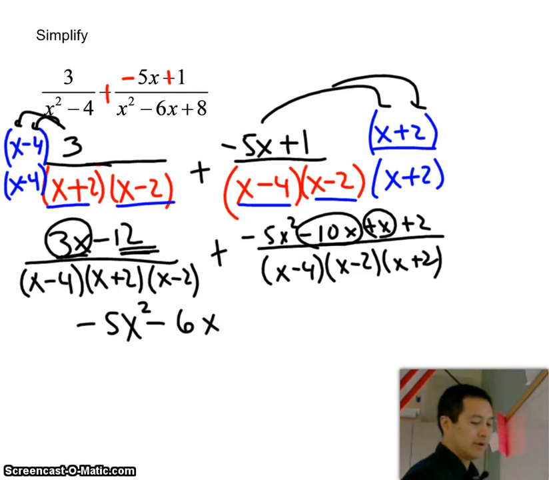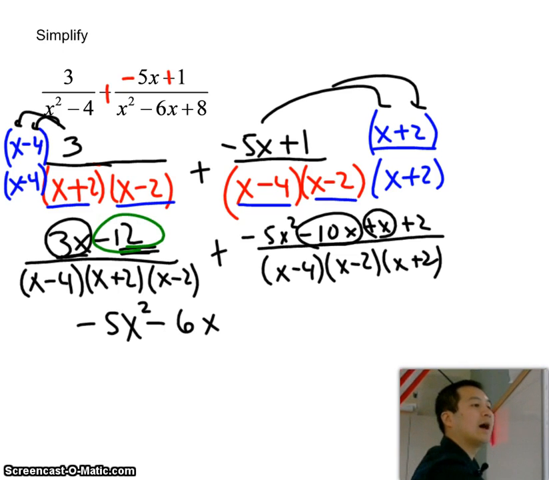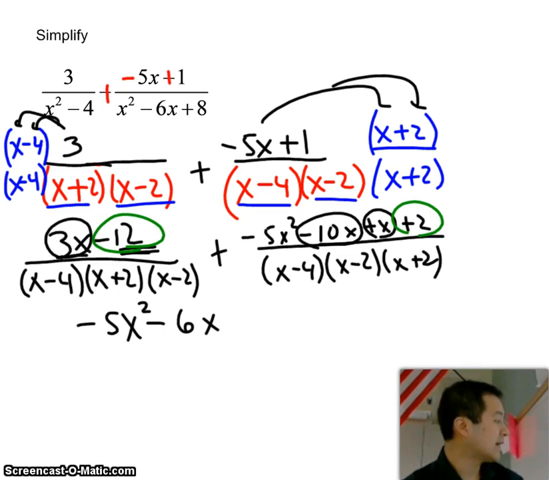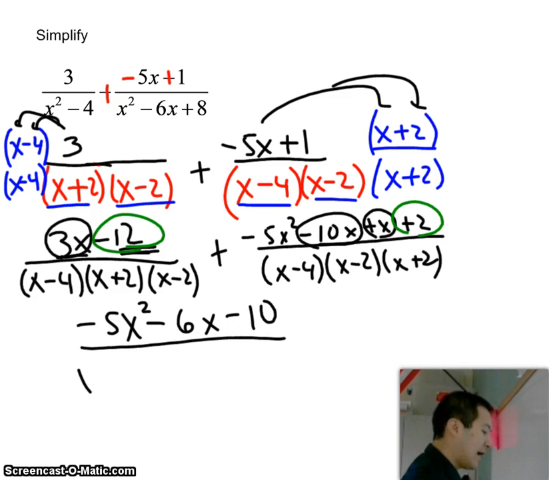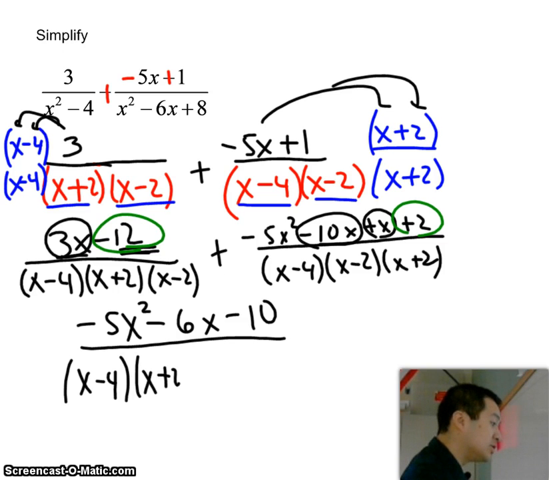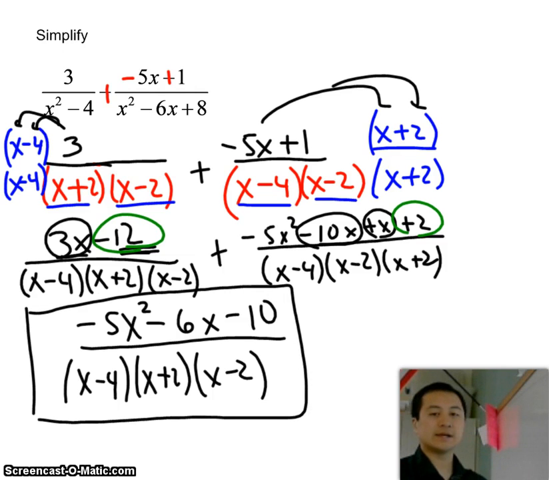The negative 12 combines with the positive 2, making it a negative 10. All over x minus 4, x plus 2, x minus 2. Can anything else reduce? Most likely not. And that's it.